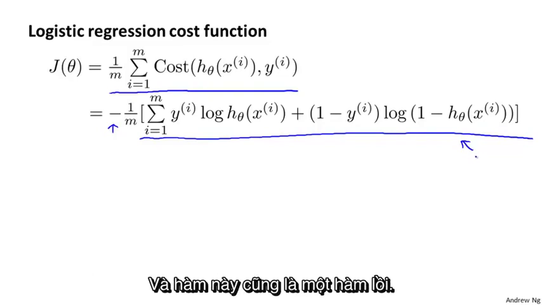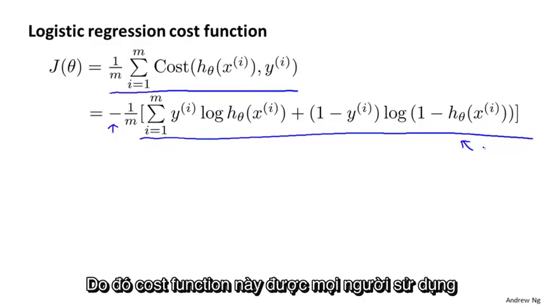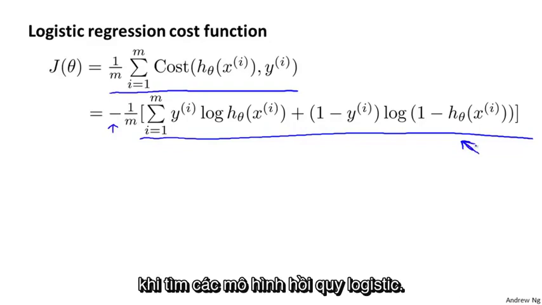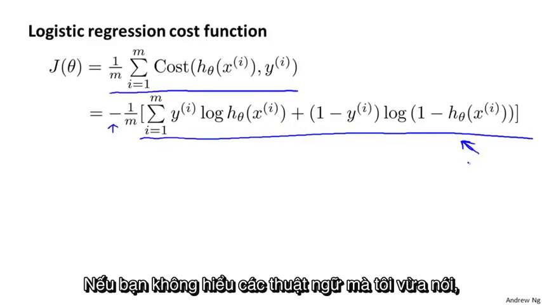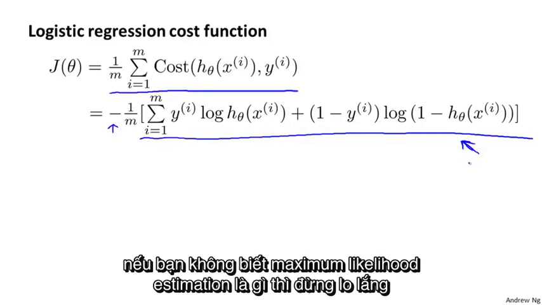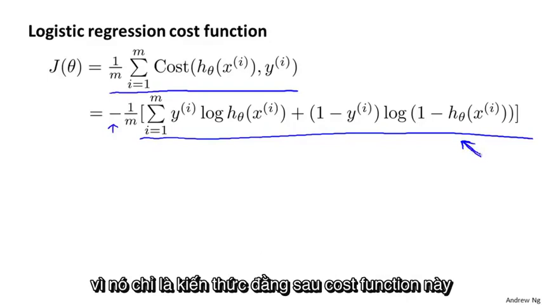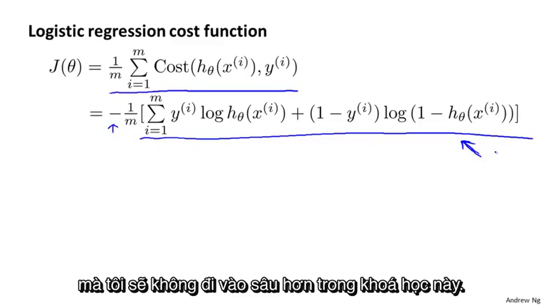And it also has the nice property that it is convex. So this is the cost function that essentially everyone uses when fitting logistic regression models. If you don't know what the principle of maximum likelihood estimation is, don't worry about it. There's just a deeper rationale and justification behind this particular cost function than I have time to go into in this class.